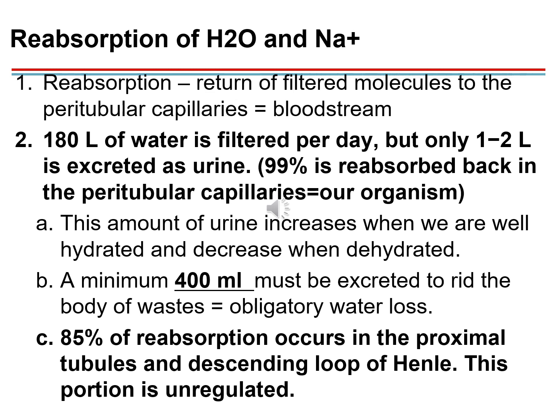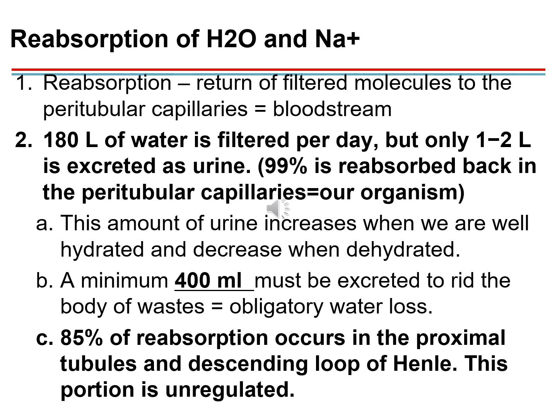Now, from that 99% that is reabsorbed back in the peritubular capillaries, and I'm talking specifically about water, 85% is reabsorbed in the proximal convoluted tubes and descending loop of Henle. Just a little bit is reabsorbed in the collecting tube.